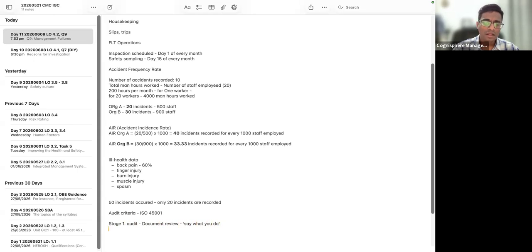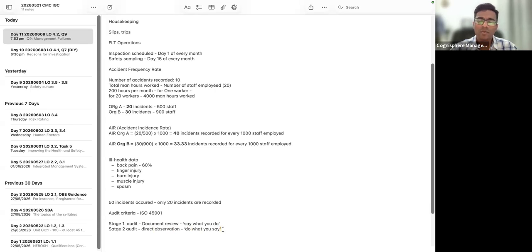And then stage two audit is direct observation. So are you doing what you say? Do what you say.